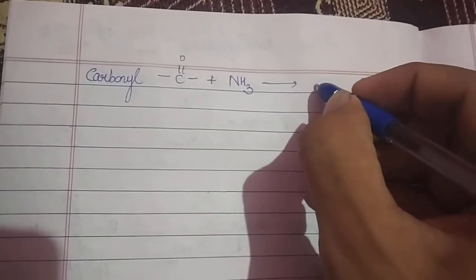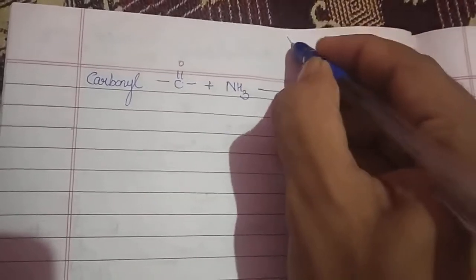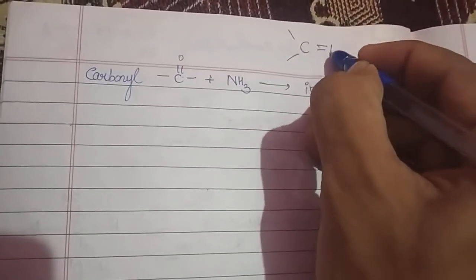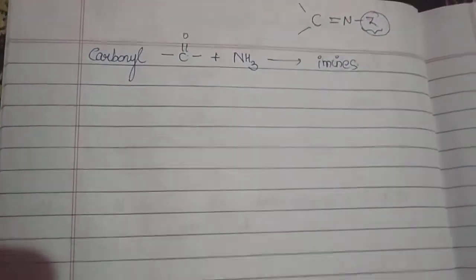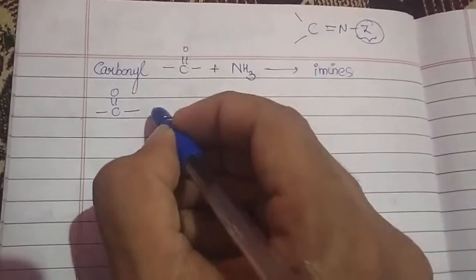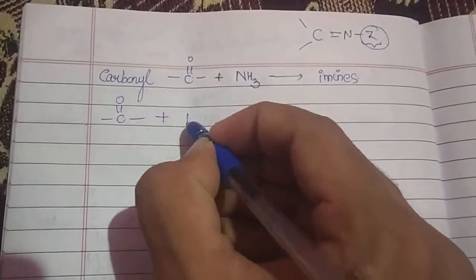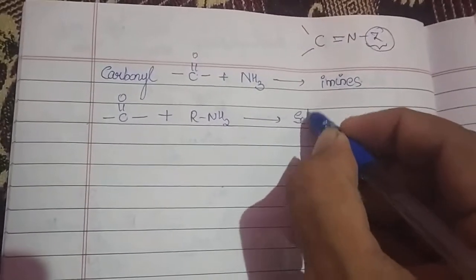Remember, first of all we got imines. You just know by yourself what the Z will be. In all the cases, this Z is only going to vary. Then the same carbonyl compounds, when treated with amines, that is RNH2, of course, we got Schiff's base.